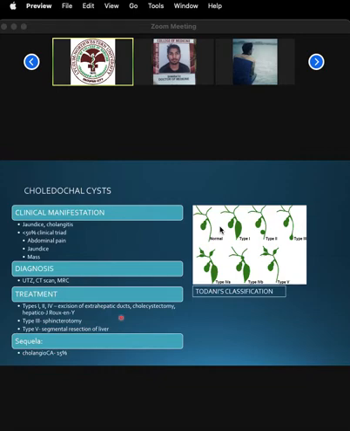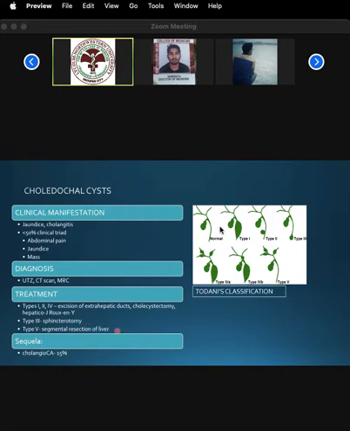So treatment for types 1, 2, and 4, we usually excise the extrahepatic ducts. We do cholecystectomy, and then we anastomose the proximal hepatic duct, common hepatic duct, with the jejunum via a Roux-en-Y fashion. For type 3, we only perform sphincterotomy to allow drainage of bile through the fusiform dilatation of the intraduodenal common bile duct.